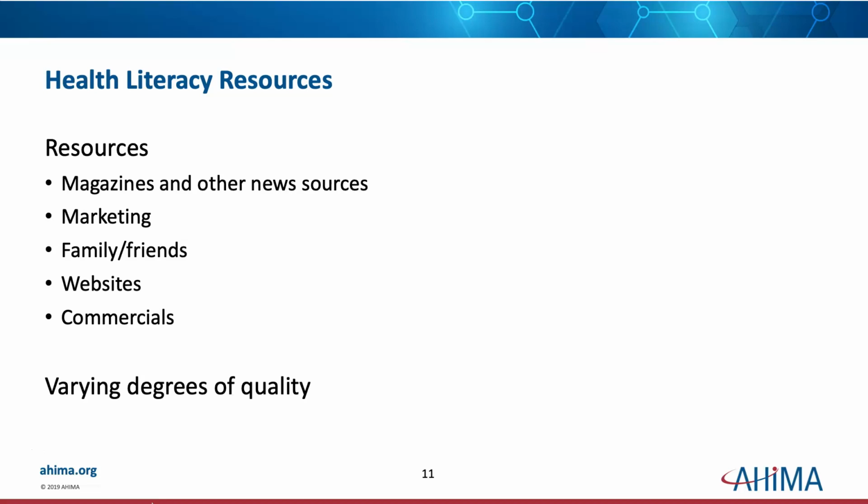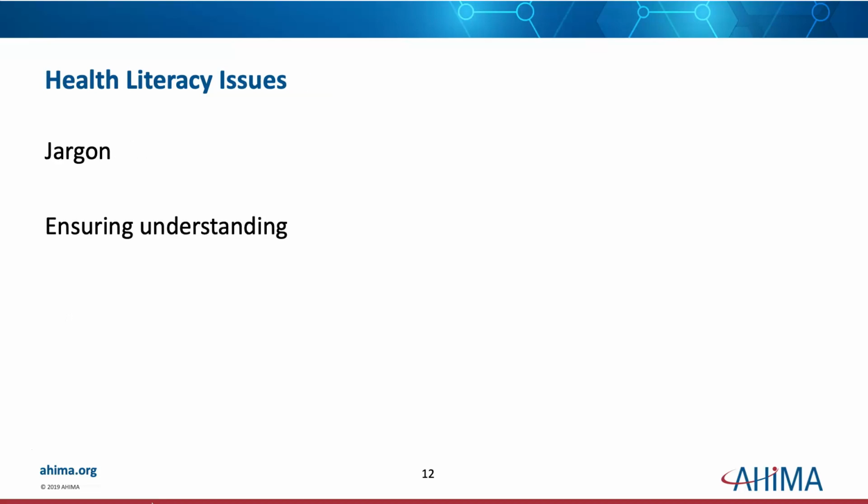Just be careful if you're using the internet and a non-governmental or non-respected healthcare website. For instance, a Mayo Clinic website is probably going to be pretty trustworthy, whereas People Magazine may not be, or the New York Times may not be. So just be careful. There are varying degrees of quality of information out there.